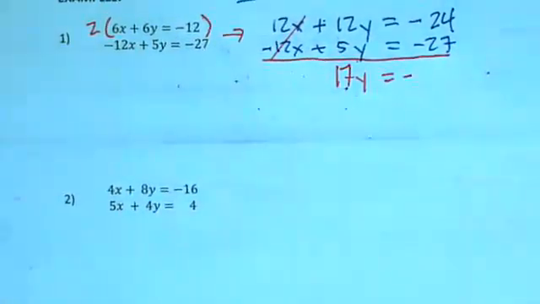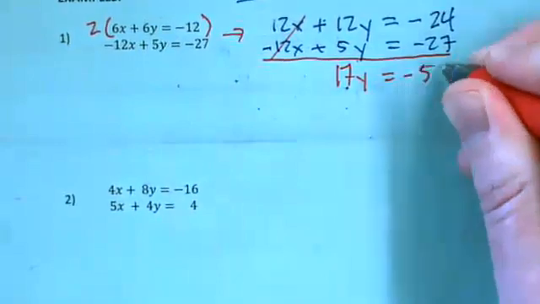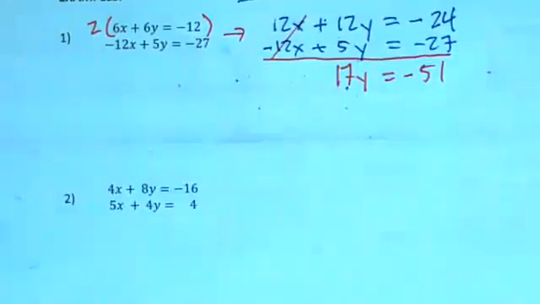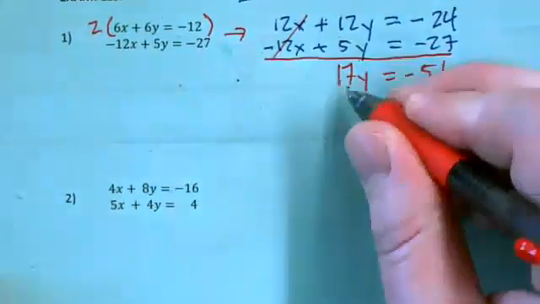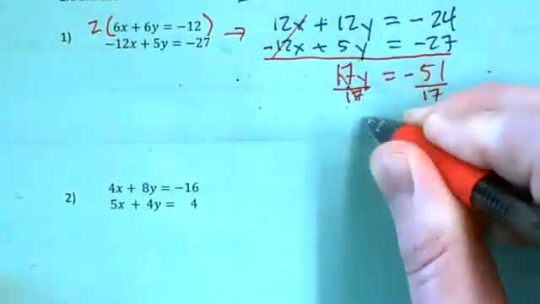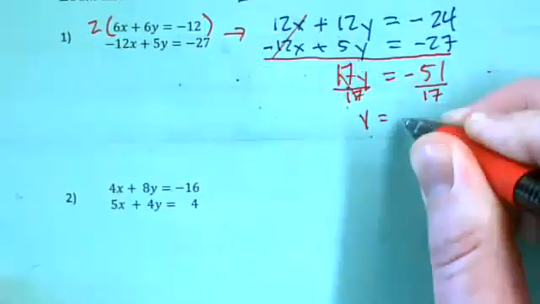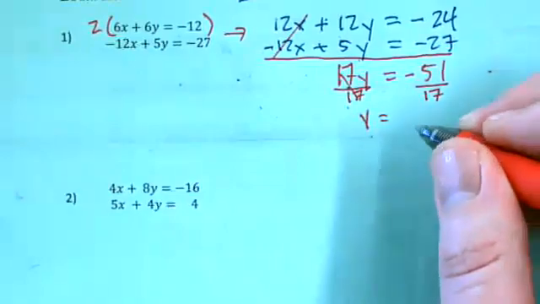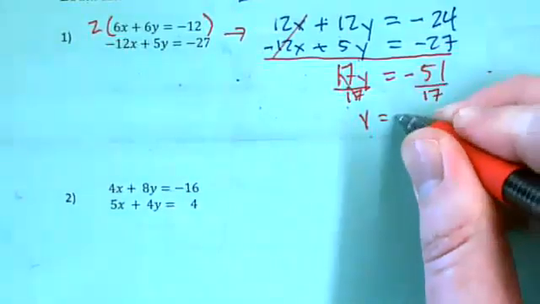Does that sound right? 51. Okay, we can solve that. I'm hoping 51 divides by 17, does it? Is it 3? Oh, nice. Okay. Dividing by 17 on both sides to get the y by itself. And we've got y equals, and that would be positive 3 or negative 3? Negative 3.